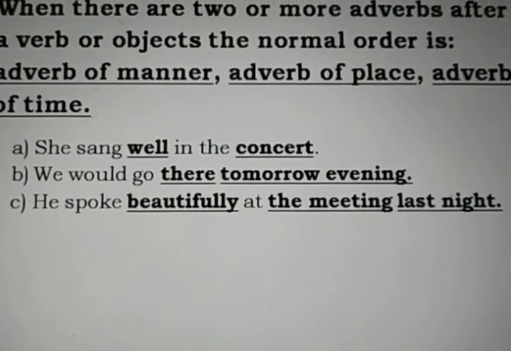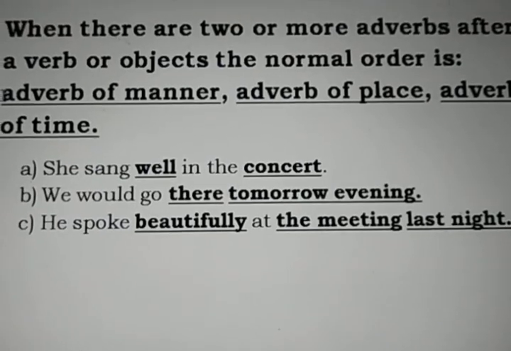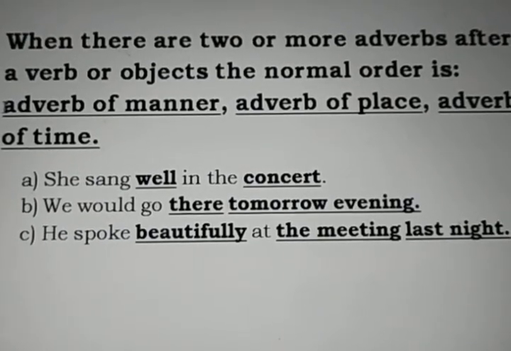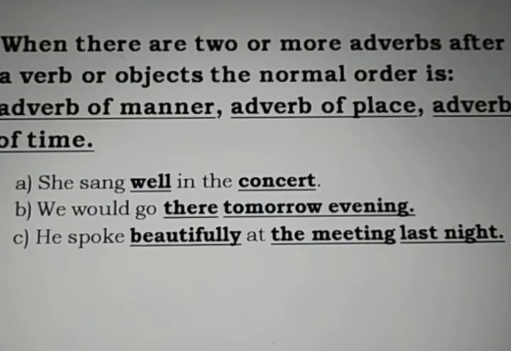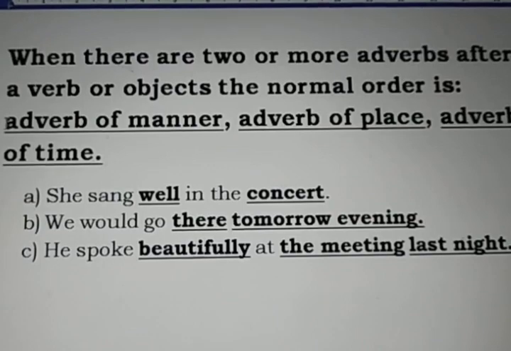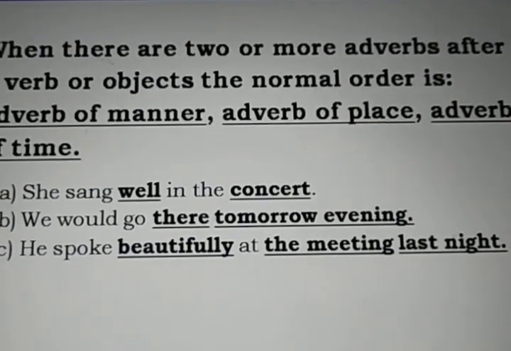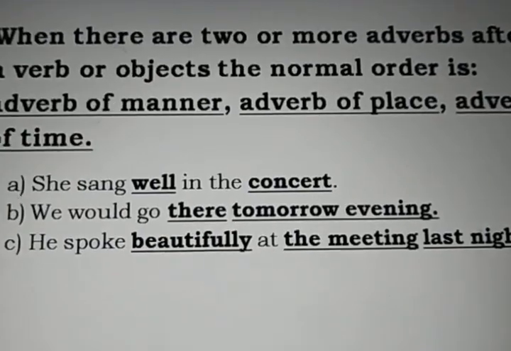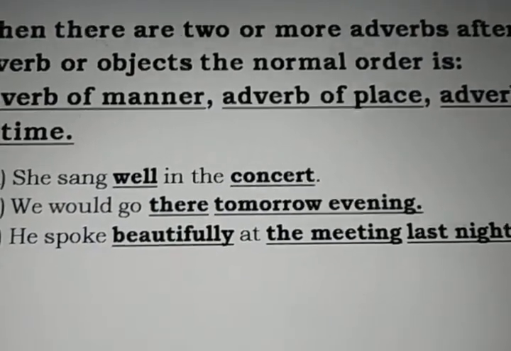First one, she sang well in the concert. You can see well is your adverb of manner, while concert is your adverb of place. So we have two adverbs. As the rule says, first comes the adverb of manner and then the adverb of place. So well is your adverb of manner and concert is your adverb of place.